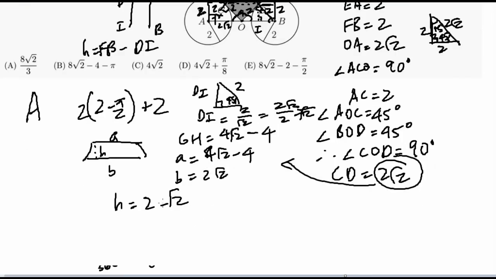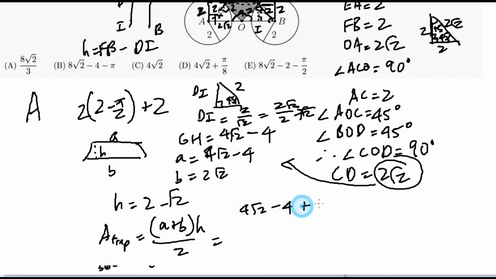And the area of a trapezoid is just A plus B times height divided by 2. So 4 square root 2 minus 4 plus 2 square root 2, times, let's see, H was 2 minus square root 2, over 2.